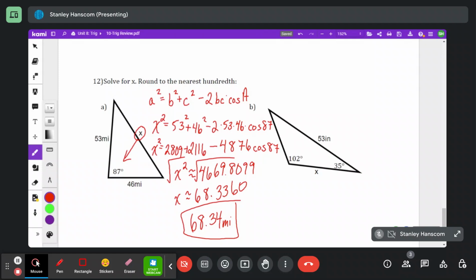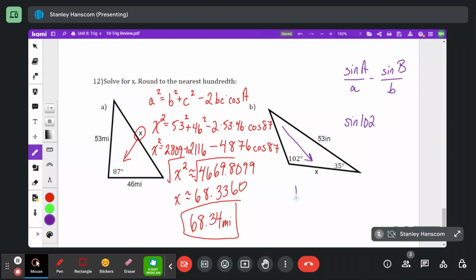The one on the right, 12b, is going to be a law of sines question because, as I mentioned before, law of sines involves 2 angles. So we can say the sine of A over little a is equal to the sine of B over little b. I'm going to have to use a sine of 102, but I don't use a sine of 35 because the blank angle is what's pointing to x.